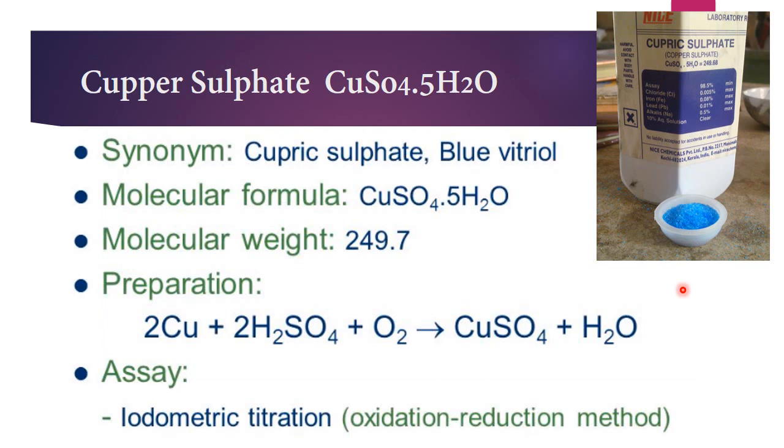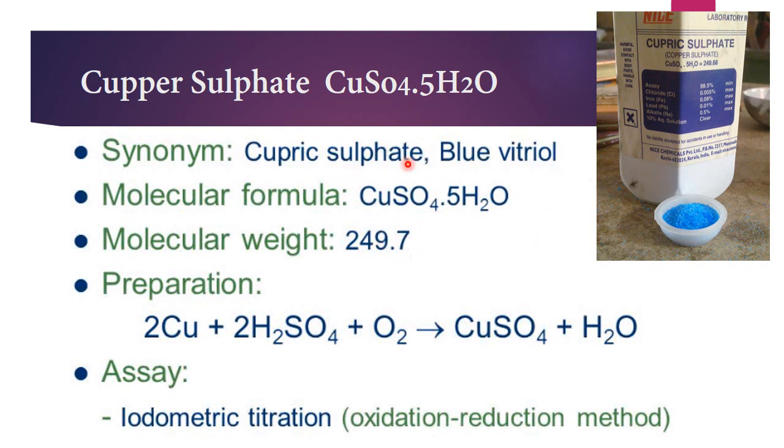So, as an application of redox titration, we have the assay of copper sulphate, CuSO4.5H2O. We begin with some introduction and information about copper sulphate. Copper sulphate is a chemical compound with the chemical formula CuSO4. It is a salt, present as a series of compounds that differ in the degree of hydration.